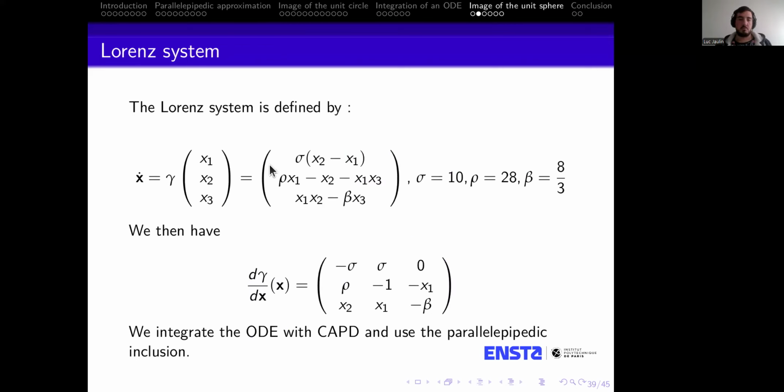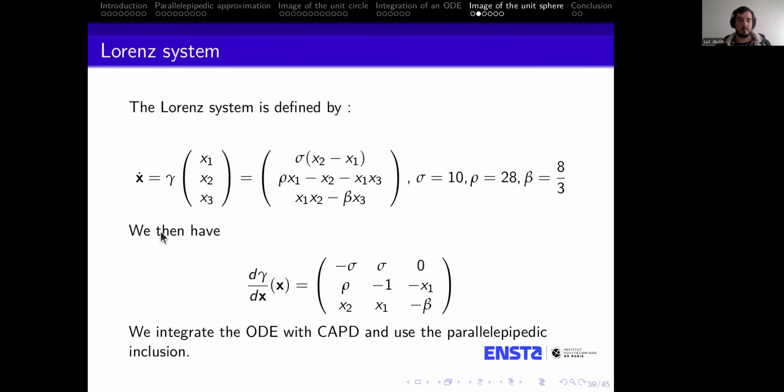Once again, I will use CAPD for the integration. I will use the example of the Lorenz system here. Once again, I can compute its Jacobian, and I integrate the augmented ODE with this system.